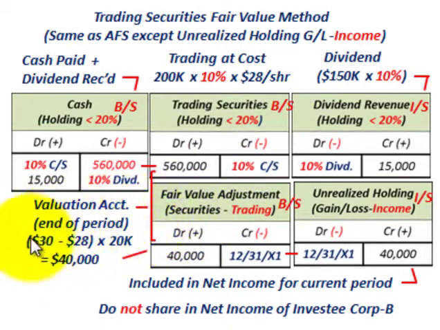And you have to look at your market price, what fair value that is at the end of the period, and compare it to your cost times the holding interest you have in the number of shares you have, and then you get your fair value adjustment.